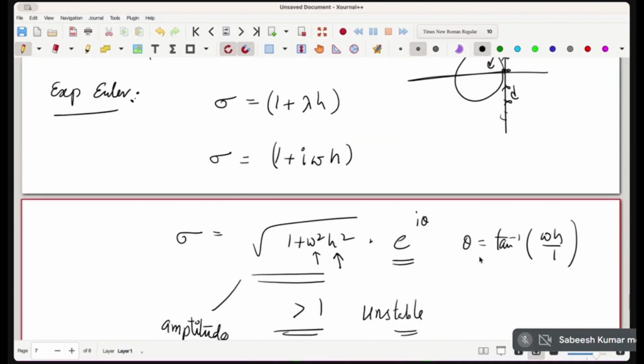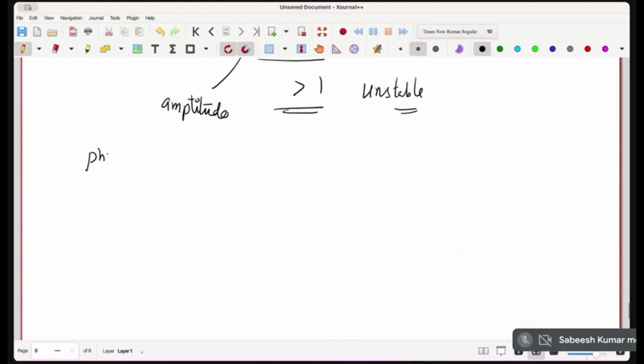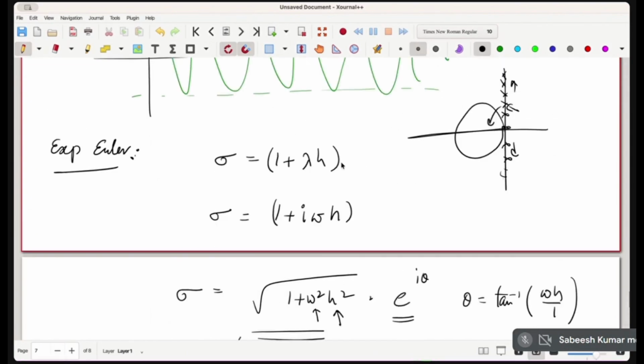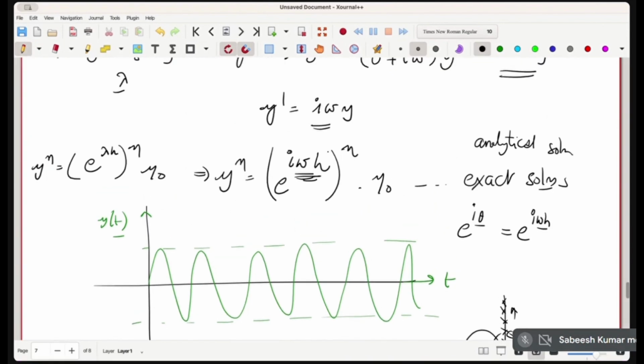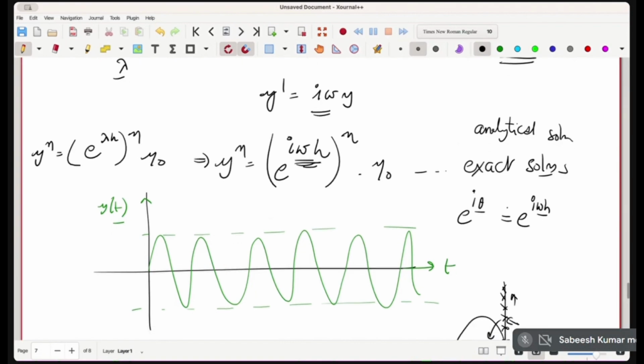So the phase for the exact solution is omega times h. For one step it is going to be omega h. For the next step it is going to be 2 omega h, then 3 omega h, and so on, because this is theta, 2 theta, 3 theta, and so on.